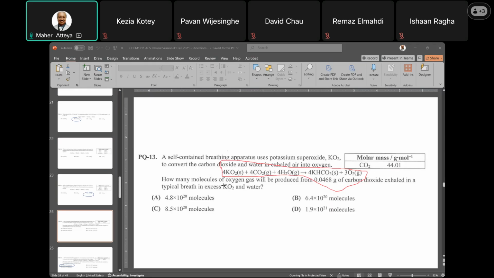So what type of reaction is it now? We said it's not single, it's not combustion, and it's not combination. Combination is synthesis, which is combining two or more molecules together to produce one single molecule. But here you are producing two.